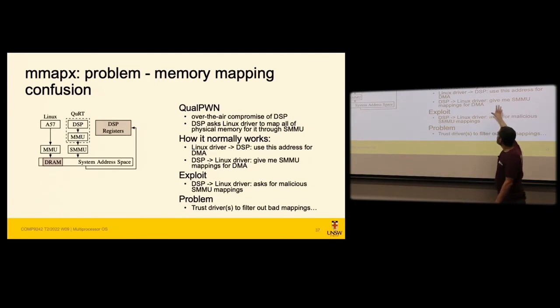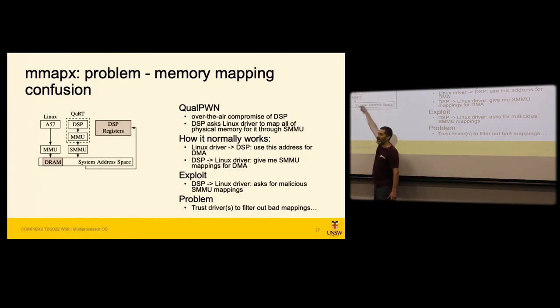So the DSP needs to take those addresses, figure out its local mappings for them, and then communicate back to the driver and say, these are the mappings I need you to make in the SMMU for me, so that I can actually access this, because otherwise it can't access the memory to share. And the Linux driver says, okay, it's in the kernel, so it programs the SMMU to allow those accesses. That's how it normally works.